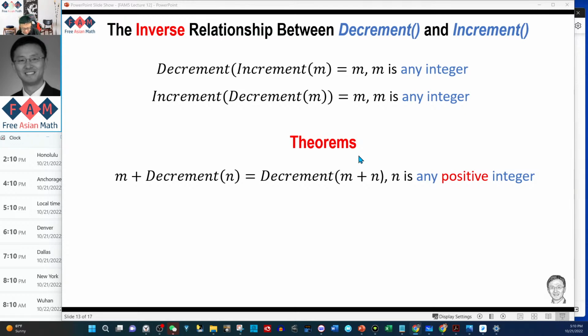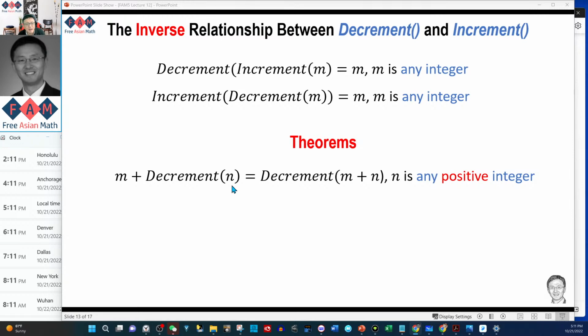For now, this is required. If you do this, n plus, because n is a positive integer, if you take a decrement on n, it can be at least 0, right? It cannot be negative. So the decrement of n is always non-negative.